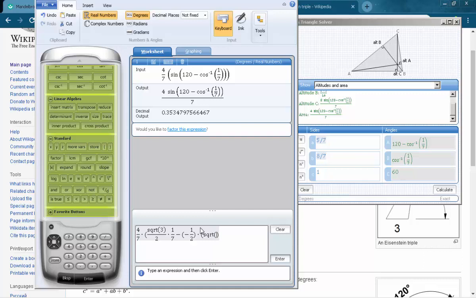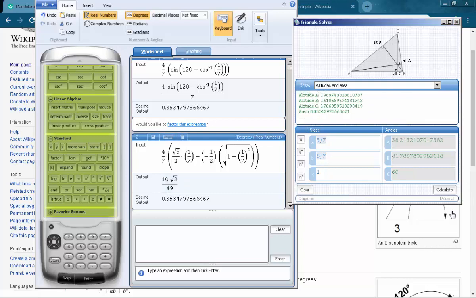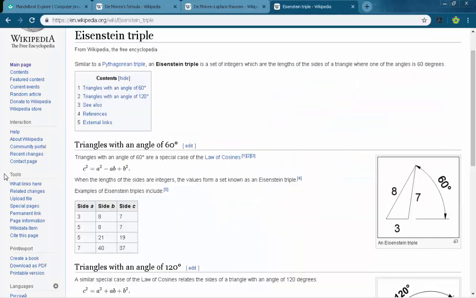We have to do a square root of 1 minus 1 divided by 7, and we have to square that. And there we go. That's your exact value. 0.353479 blah blah blah. I like these 10 divided by 49 times the square root of 3. It's much better that way. Do your math. Don't do this decimal crap. Alright?